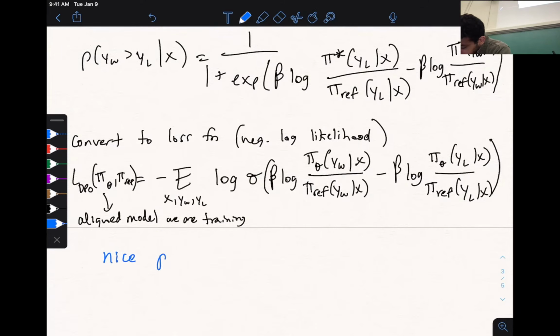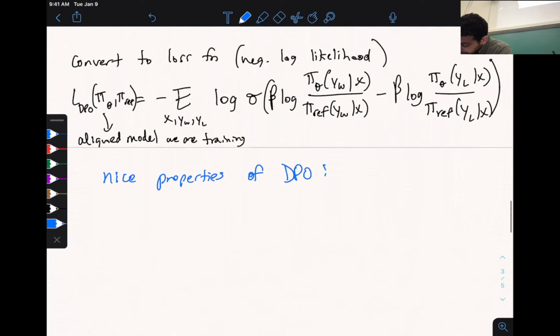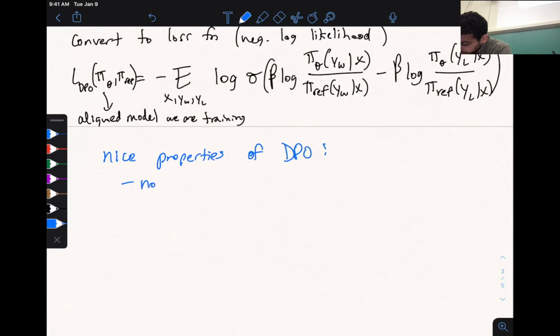So some nice properties of DPO: no explicit reward model. We do have an implicit reward model, right? And we solved for it and substituted it into this equation to obtain this final loss function.